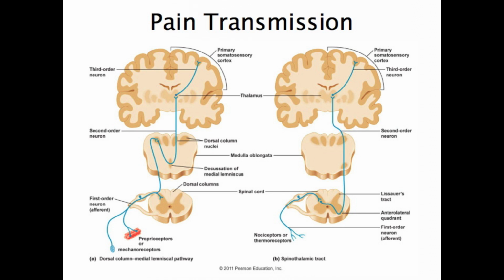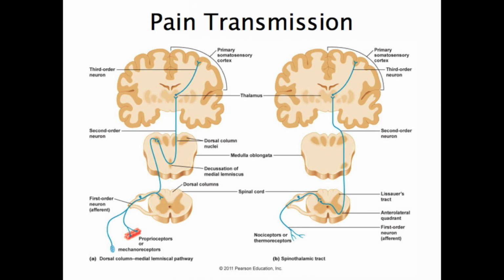On the left, we have the way that, say, touch sensation is transmitted to the brain. These neurons live in the dorsal root ganglia. It's a ball of cells outside of the spinal cord. And they have axons that go into the periphery, so the skin, and then they send an axon to the spinal cord.